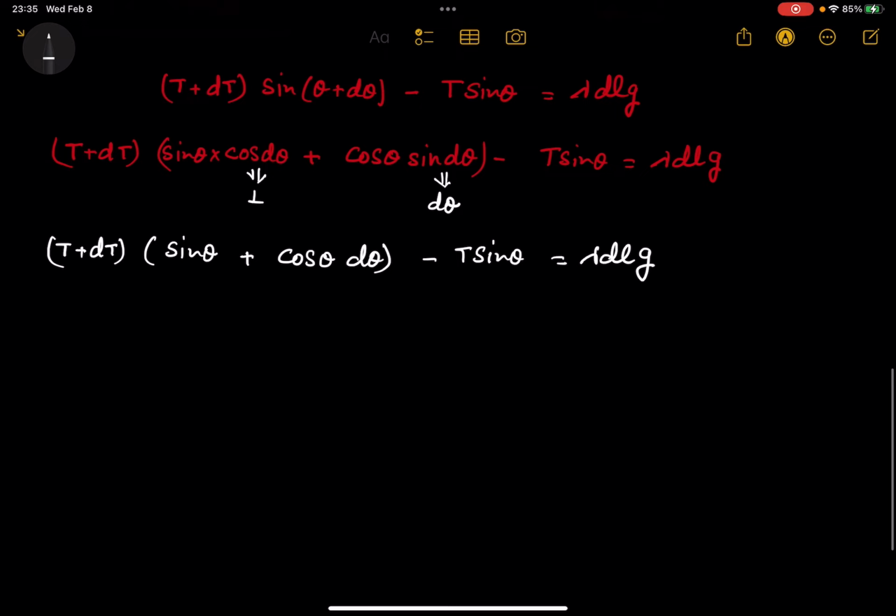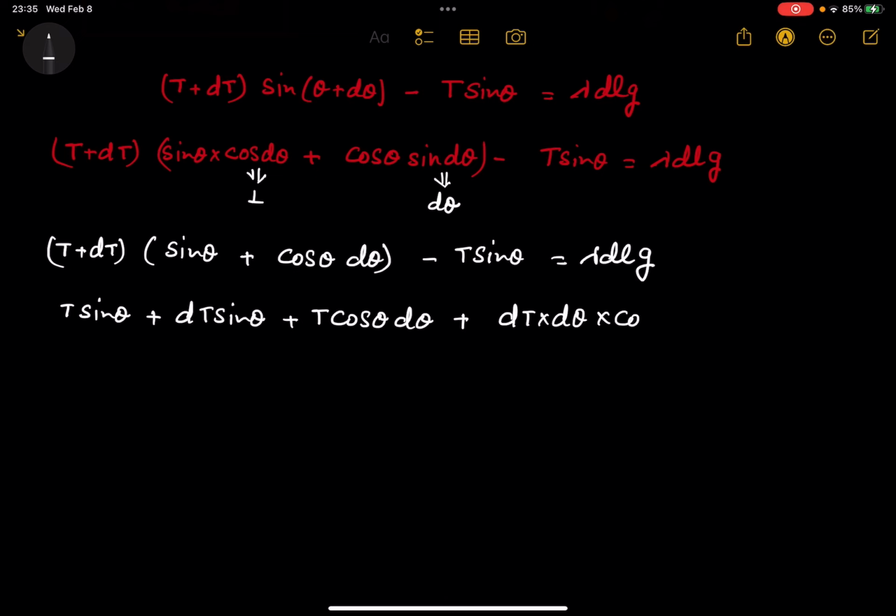My dear friends, you can write T sin theta plus dT sin theta plus T cos theta d theta plus dT d theta cos theta minus T sin theta is equal to lambda dl g.